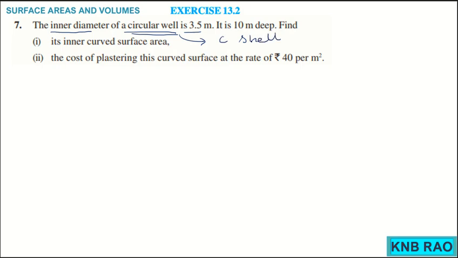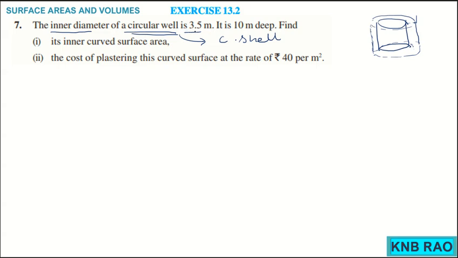So you need to understand here there are two radii, one external radius and another internal radius, like the embankment of a well.